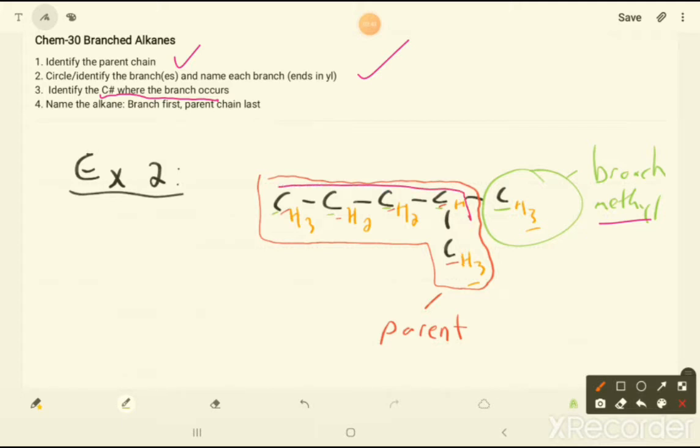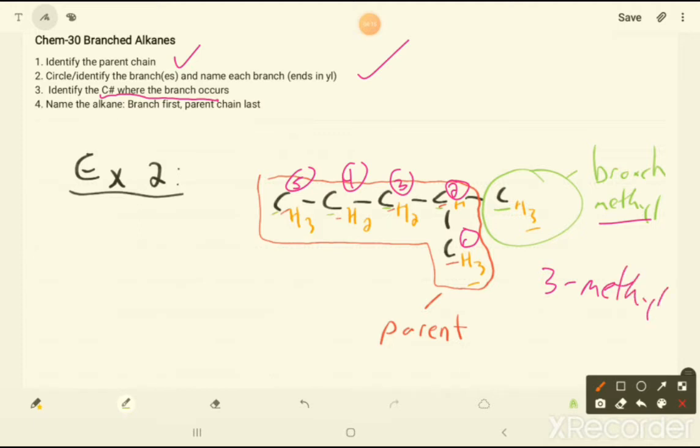However, we decide which one is best based on which side is closest to the first branch, which in this case is the methyl. When we look at that, this side over here is significantly closer than this side. So we're going to start counting from here. And counting them, we'd have 1, 2, 3, 4, 5.